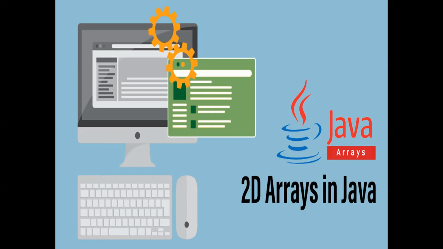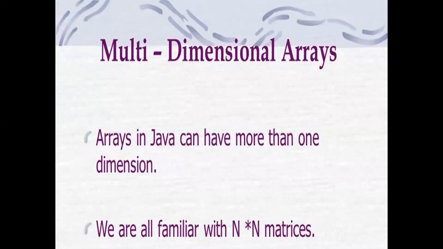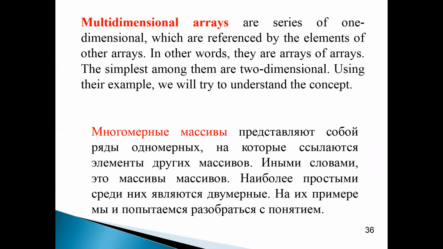Two-dimensional arrays in Java. Multi-dimensional arrays. Arrays in Java can have more than one dimension. We are all familiar with matrices. Multidimensional arrays are series of one-dimensional arrays, which are referenced by the elements of other arrays.